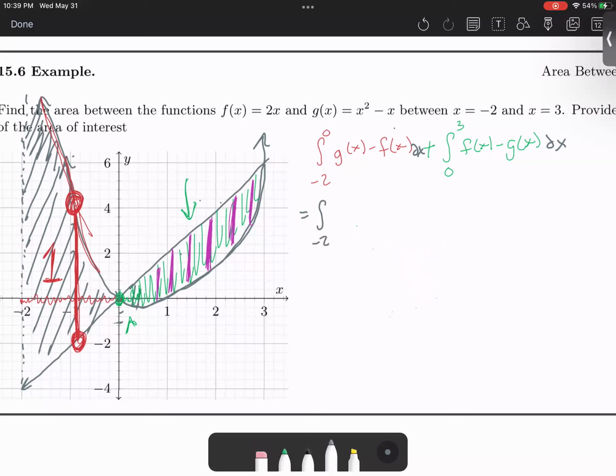So the integral from -2 to 0, g of x is x squared minus x. F of x is 2x. And we'll add to that the second region from 0 to 3, where f of x is the function on top. And again, remember, distribute that negative.